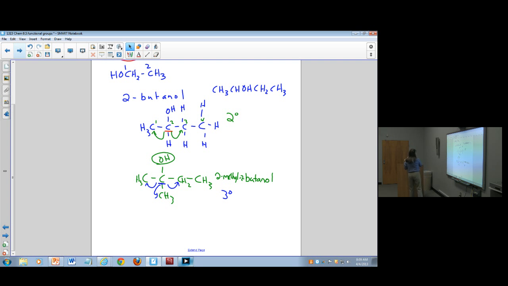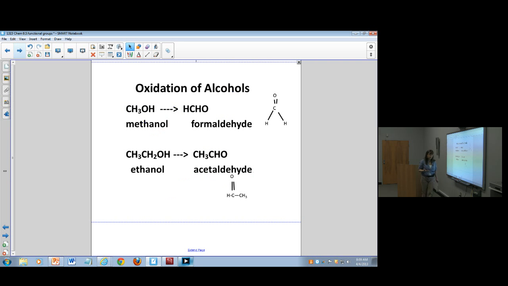Now, the reason I want you to care about that is because I want you to look at some oxidation reactions for alcohol. Now, oxidation in electrochemistry means loss of electrons. But when you're dealing with organic, you can usually just say loss of hydrogens.